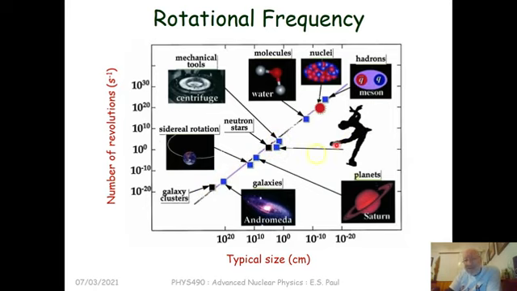This is like a skater who can spin in an ice rink, and that's where they would sit. And then if we go up to our nuclei, we would sit here. So this is our rapidly rotating deformed nucleus with about 10 to the 20 hertz in terms of the rotational frequency here.